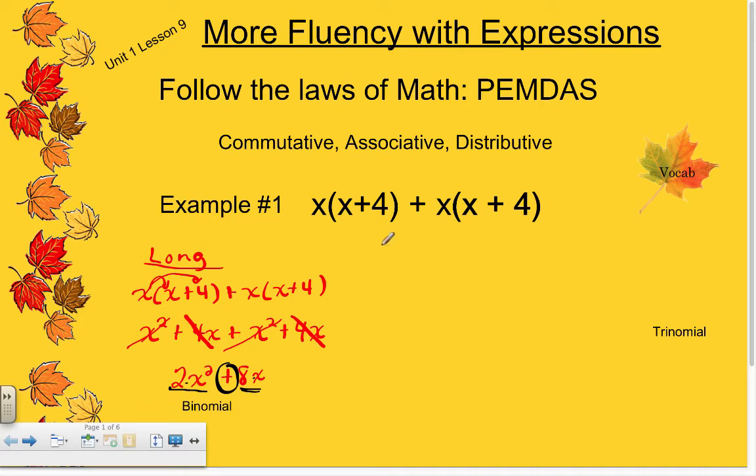Okay, so let's look at that shortcut. Everybody loves the shortcut. We're always looking for the shortcut. Well, the shortcut is going to involve this word, undistribute.